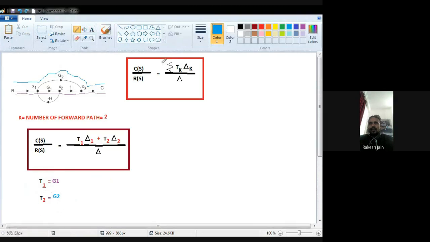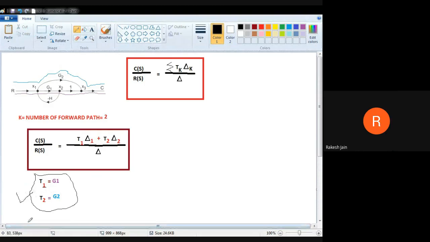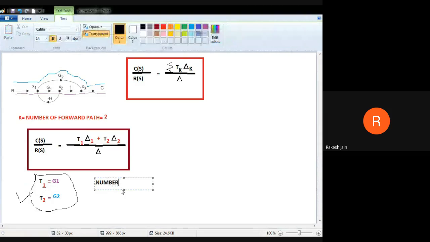So 1 multiplied by g2 multiplied by 1, so g2 is the gain of the second forward path. Once you find them, just encircle them so you understand that these are one part of the answer which I found right. So T1 and T2 I found.